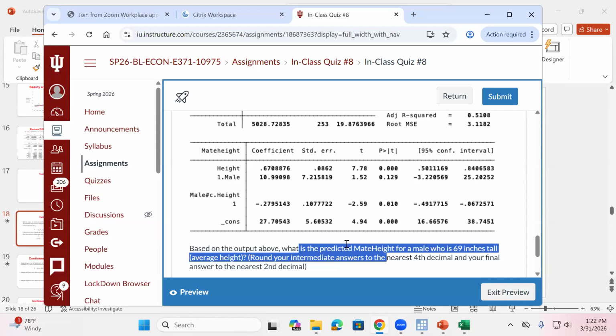So this is probably somewhat stereotypical, right? A male going from like 70 to 71 inches doesn't have as large an impact on their mate's height as if a female is going from 70 to 71 inches. My wife's like my height, so I guess she goes against this a little bit. But this would be kind of how we're picking up differences in those marginal effects and those predicted values for Y. Okay.